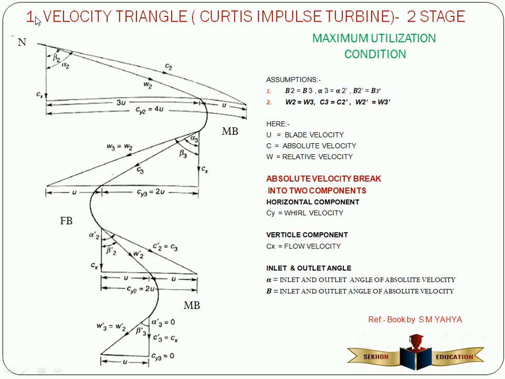Before doing this diagram, there is a lengthy derivation which we need to do to calculate this part, so I will just explain in brief here. In the starting we have a nozzle part where N is mentioned. Here we have a velocity triangle, which I mentioned in the previous lecture in the case of the De Laval turbine.